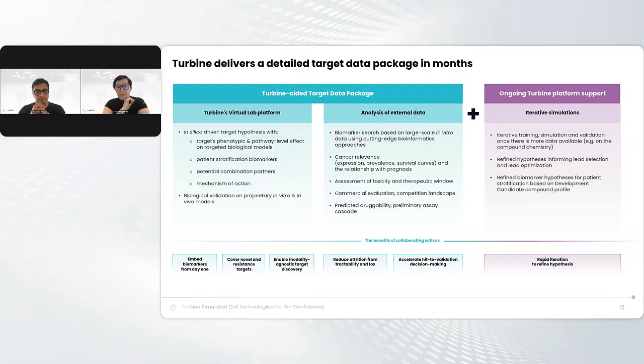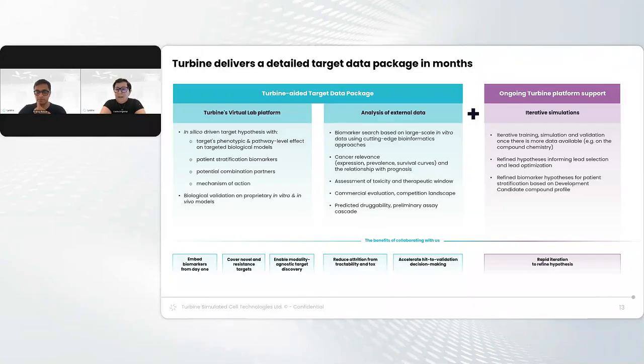So as Krishna mentioned, the main output that we are producing is a detailed target data package that contains several important attributes of a target, be it a first-in-class target or a best-in-class target, to make sure that the most information and the best hypothesis can make their way into downstream steps and potentially the drug discovery pipeline.